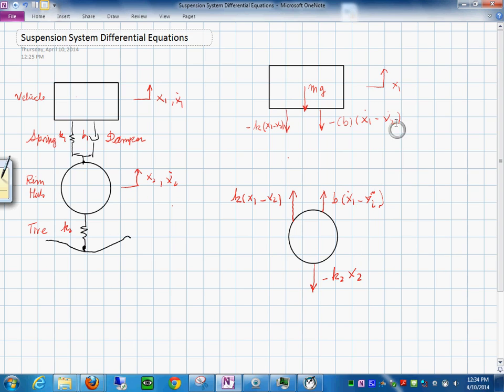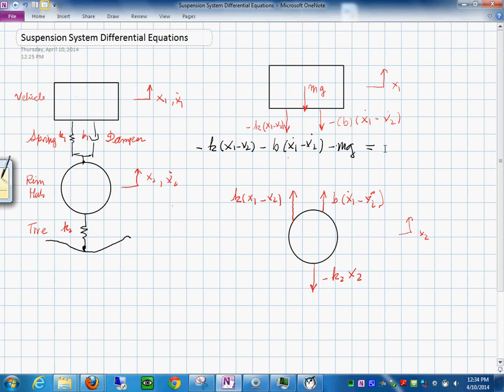So those are the free body diagrams. What we need to do is to write the differential equations that correspond to each one of them. And so in the first one in here, I will say this is minus k times x1 minus x sub 2 minus b times x1 dot minus x sub 2 dot minus mg.